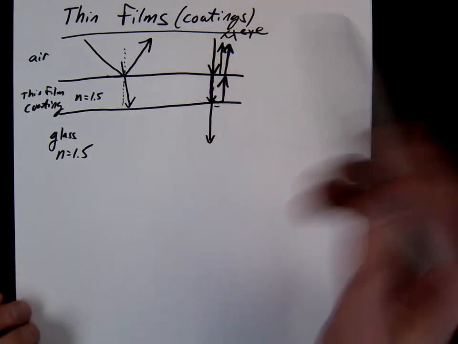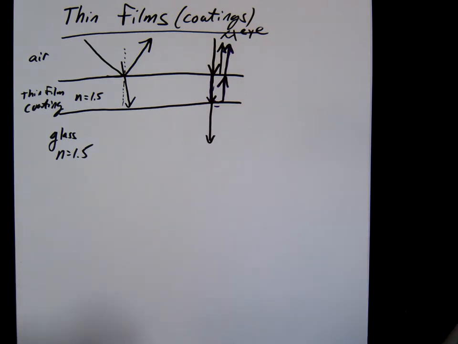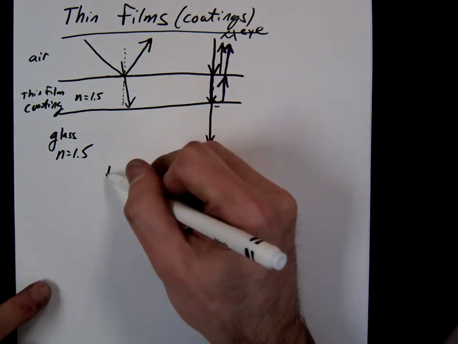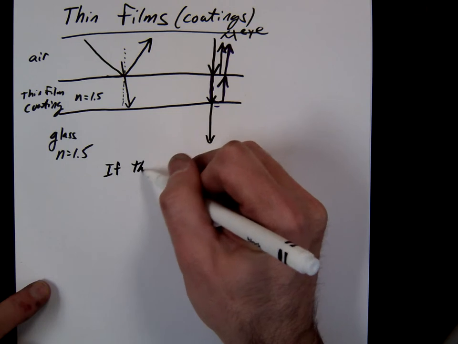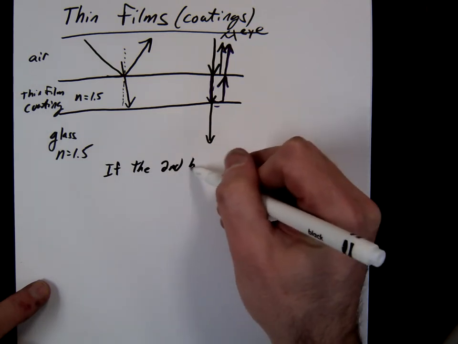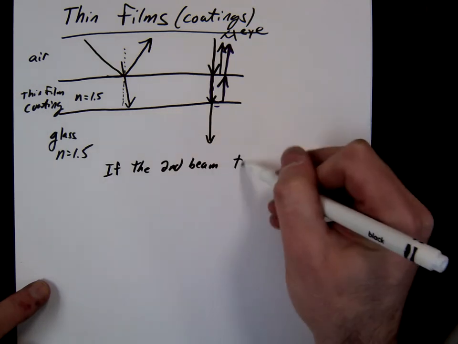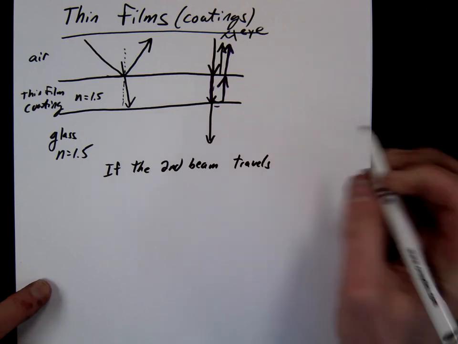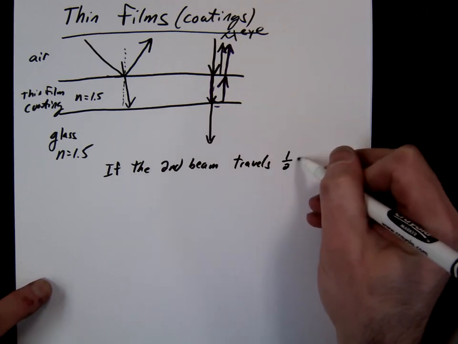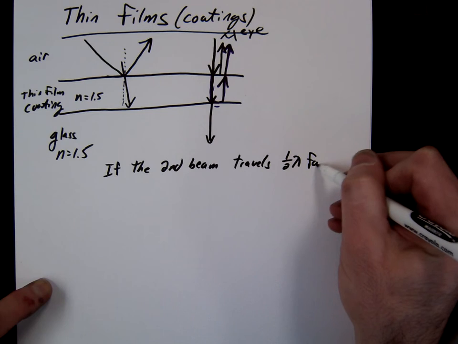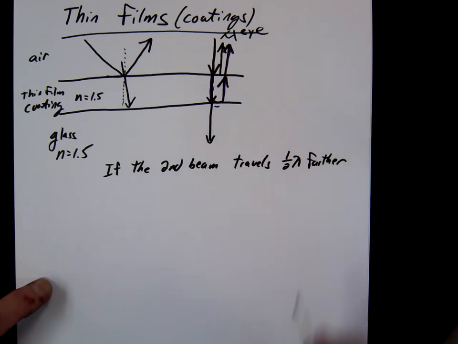Okay? So here's the whole concept of the day. What if the second beam travels exactly 1/2 of a wavelength farther than the first beam?